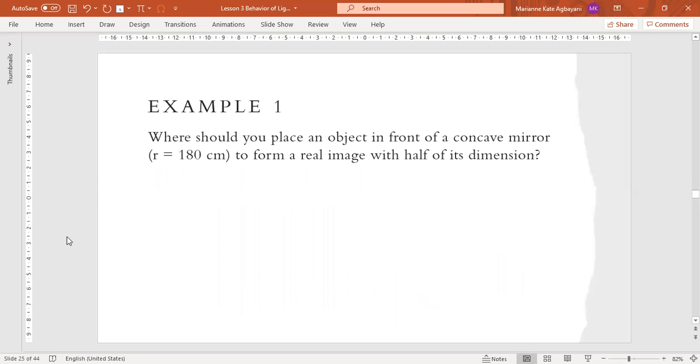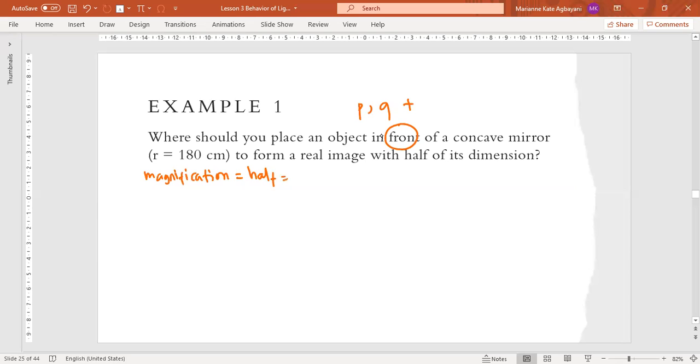Now let's go. Example number 1: where should you place an object in front of a concave mirror? Take note, we have here front. That means P and Q are positive. Wherein our R is 180 centimeters, to form a real image with half of its dimension. So take note, our magnification, it says here, half.